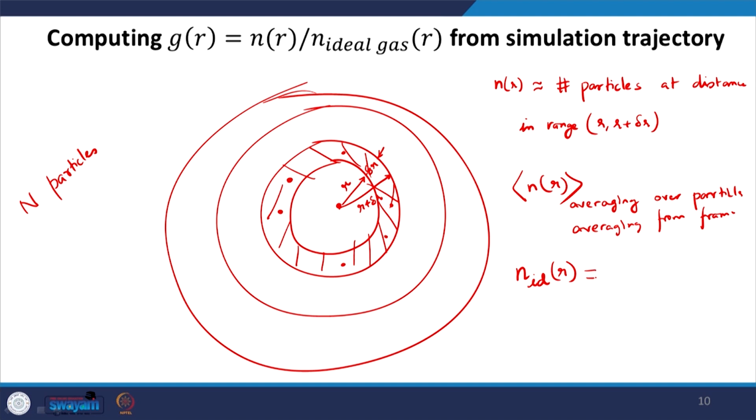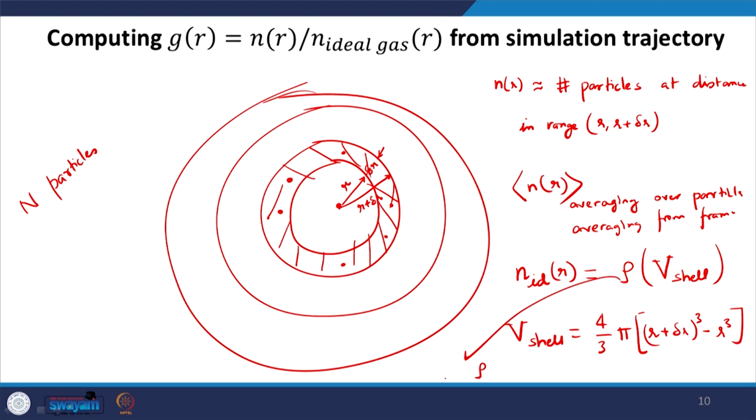I simply multiply the density in the case of an ideal gas with the volume of the spherical cell, and the volume of the cell is something like 4 by 3 pi times (r plus delta r) cubed minus r cubed, and the density in the case of the ideal gas is simply N by V, because in the ideal gas case the density everywhere is uniform.